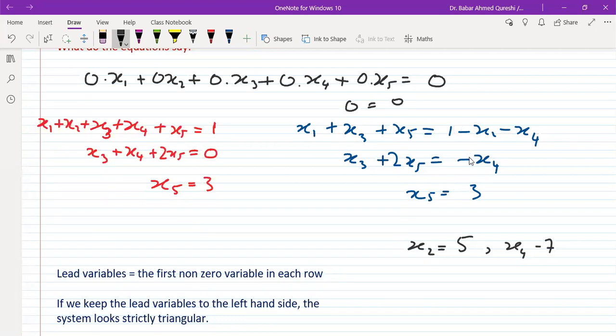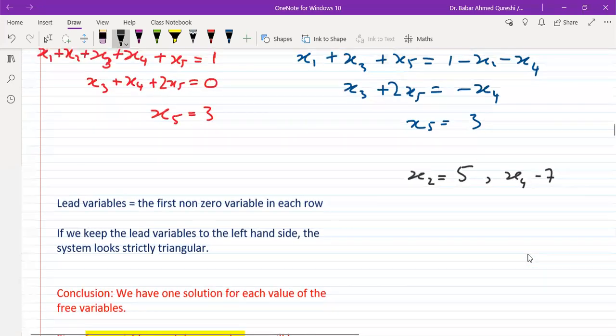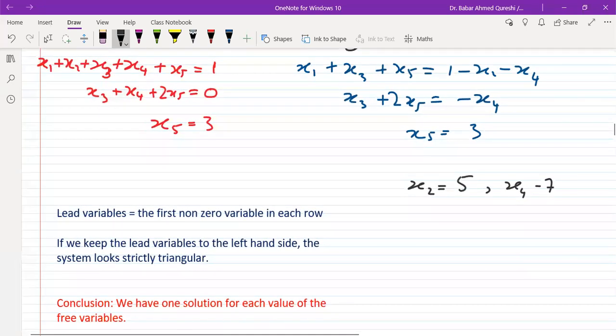So I will have a system. On the right hand side, I have just numbers, and on the left hand side, I have a strictly triangular system in the lead variables, x1, x3, and x5. That means if I assign any value to x2 and x4, I'll have a unique solution. I will have one solution for all variables.